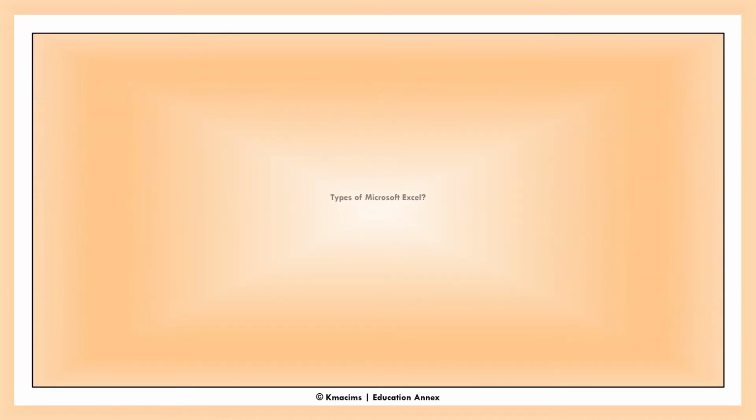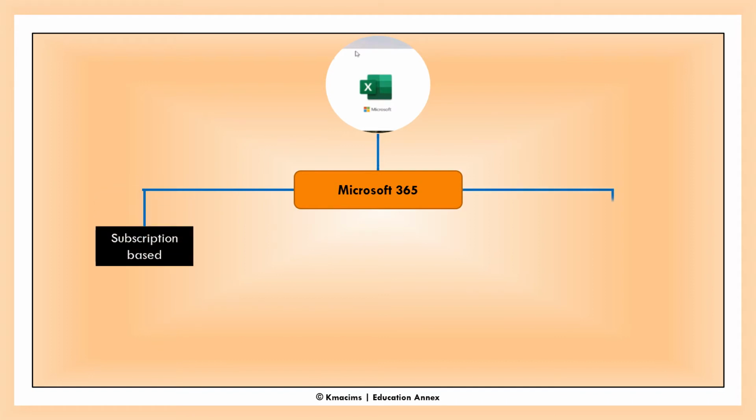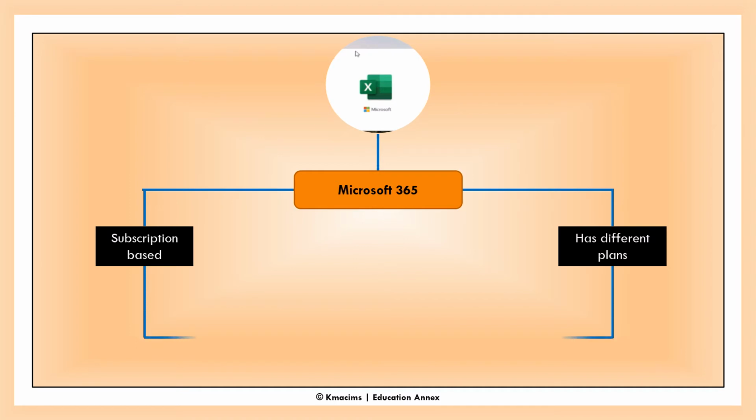Microsoft differentiates between three different types of Microsoft Excel applications for different categories of users. They include Microsoft 365, which is a subscription-based service that allows users to receive regular updates whenever it is rolled out. It has plans for personal, small business, large corporations, and education.